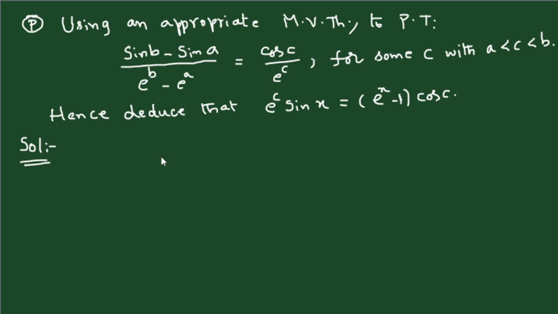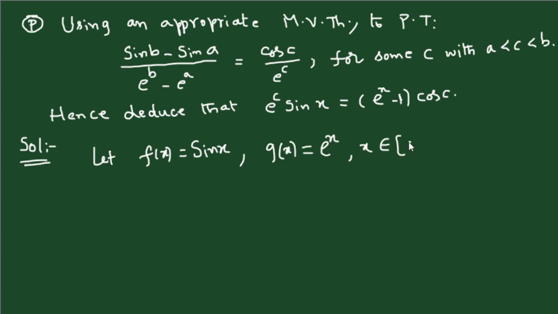So, what should we take here is, let f(x) equal sin x, and g(b) minus g(a) is e^b minus e^a. Therefore, we should take e^x as g(x), and x belongs to some interval [a, b].